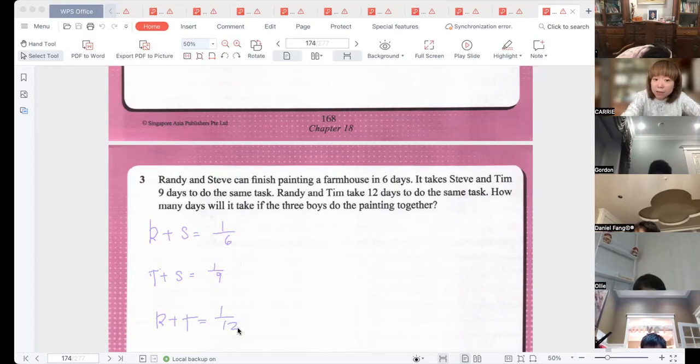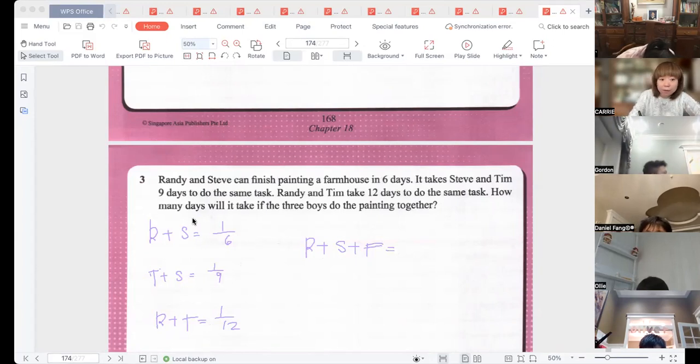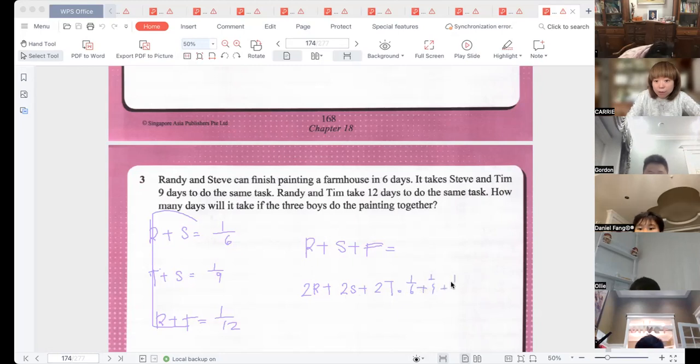How many days will it take the 3 boys to do the painting? So we want to know what? We want to know Randy plus Tim plus Steve equals what? How do we do this? You add them all together. So equals what? 2 Randy plus 2 Steve plus 2 Tim equals 1/6 plus 1/9 plus 1/12.